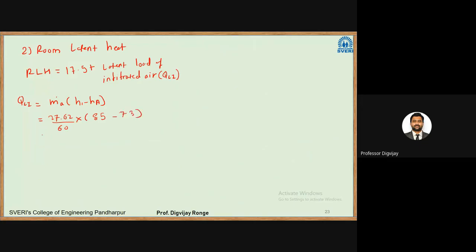Calculate this way and you'll get QLI, that is the latent heat of infiltrated air. Then easily you can calculate the RLH. RLH will be equal to 17.5 plus this value, and you will get RLH in kilowatt.